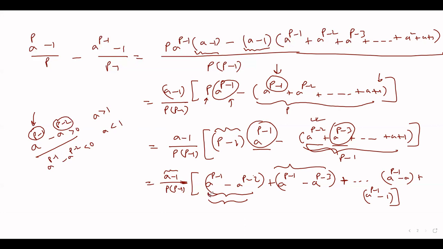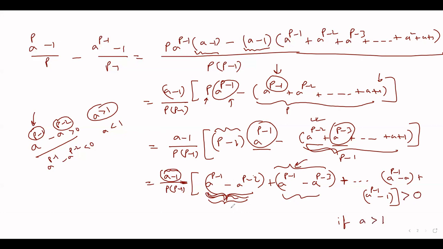And this applies for not only this term, but each of these terms, because we have a greater power at the beginning of each first bracket, that is guaranteed. So each of these expressions is going to be positive if we know for sure that a is greater than 1. And in that case, a minus 1 is also positive. So we can say that this expression is positive if a is greater than 1.